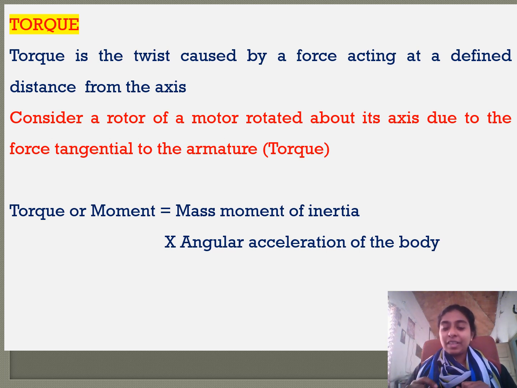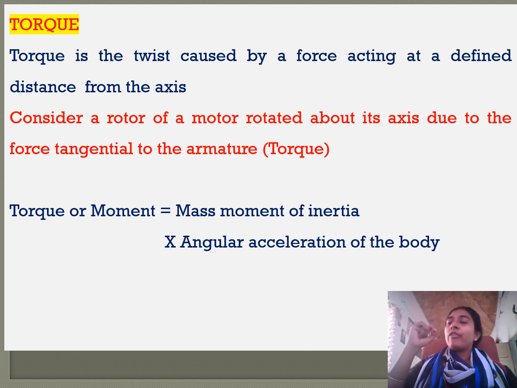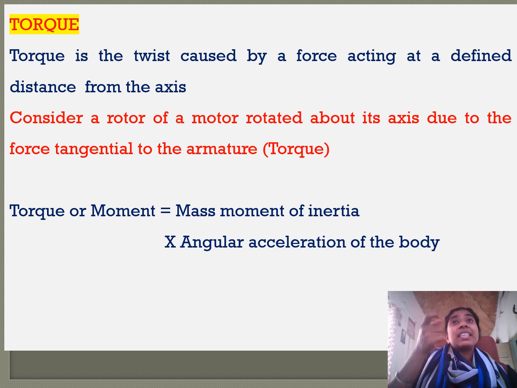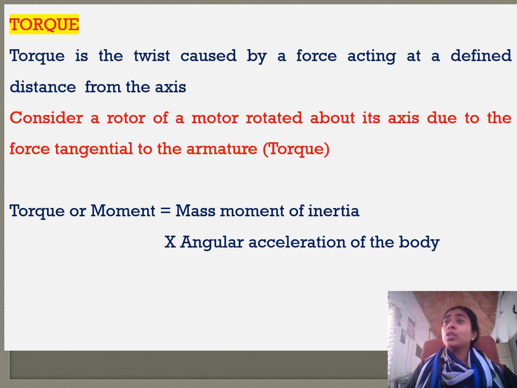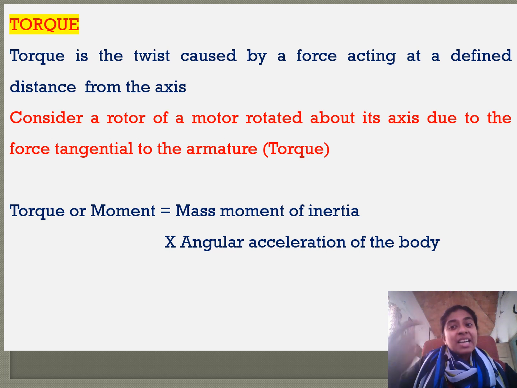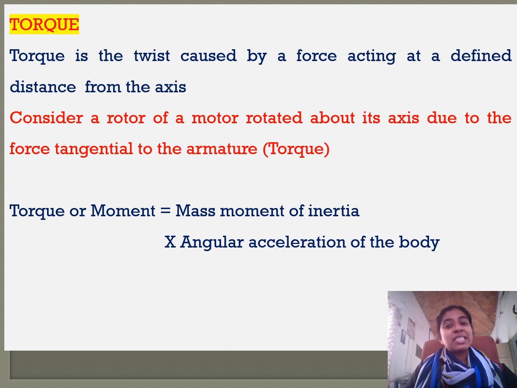Newton's second law: when it comes to linear motion, force is equal to mass into acceleration. When it comes to rotational motion, force is replaced by moment or torque, mass is replaced by mass moment of inertia, and acceleration is replaced by angular acceleration.